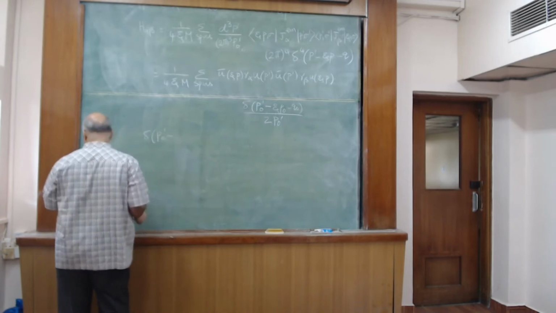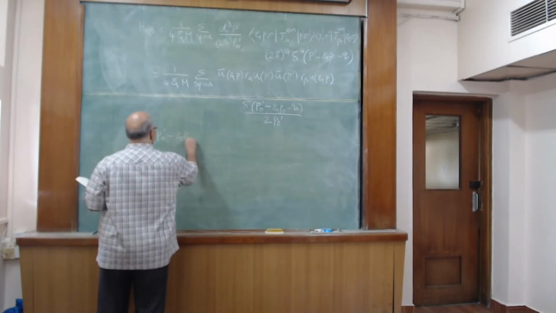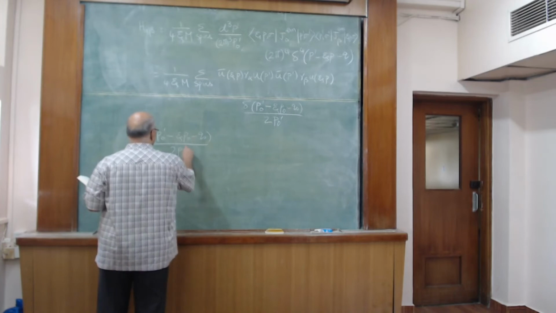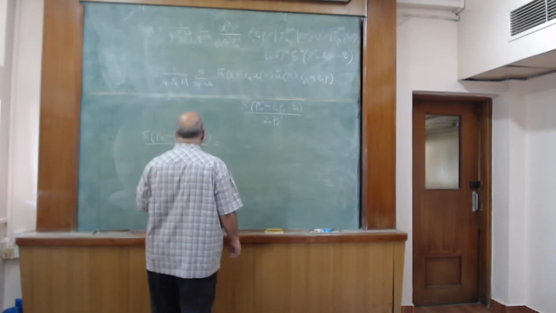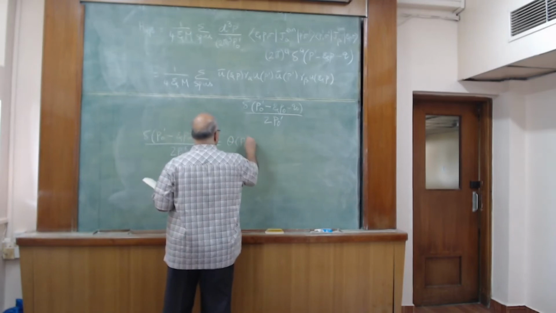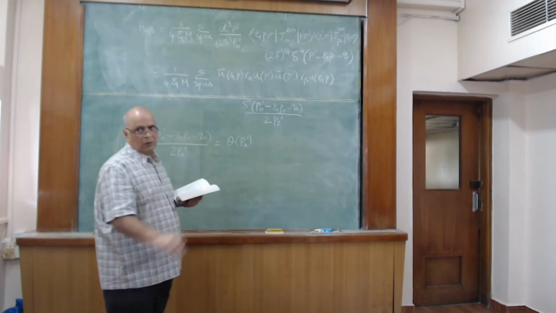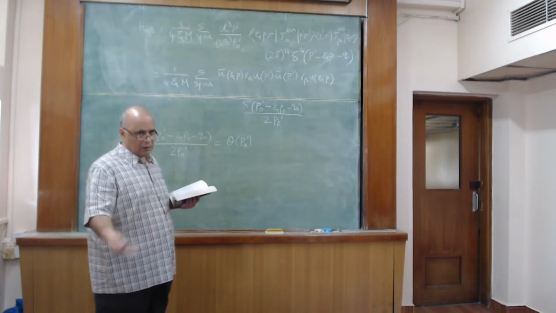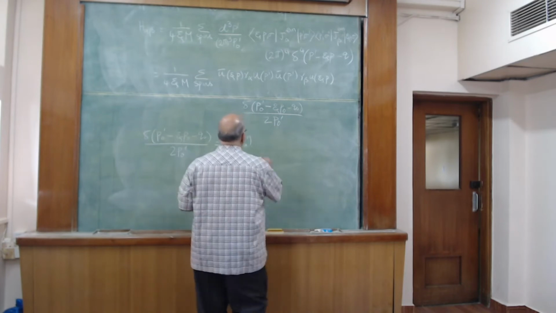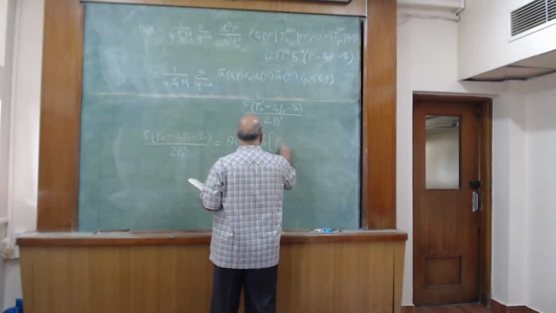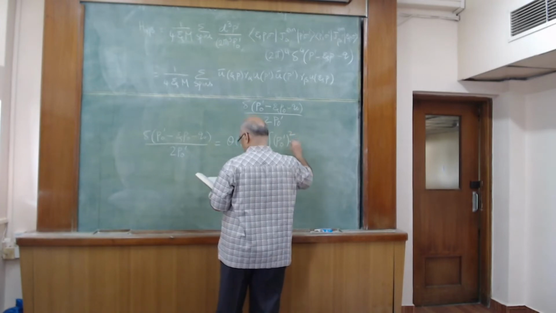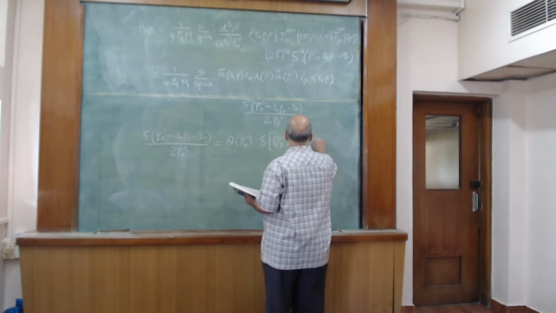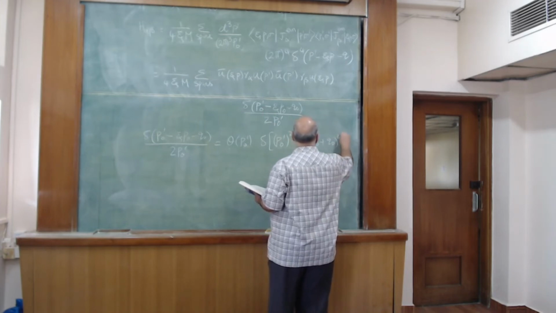Delta of P naught prime minus xi P naught minus Q naught, divided by 2 P naught prime, is equal to theta of P naught prime, that theta function is there to indicate that P naught prime has to be positive because it has the interpretation of energy, times delta of P naught prime square minus xi P naught plus Q naught whole square.